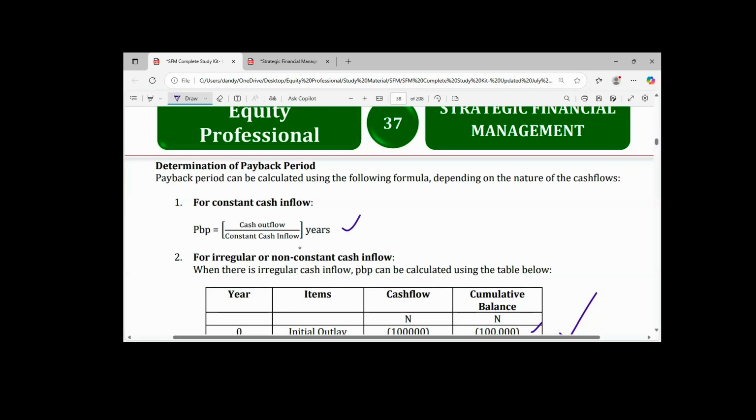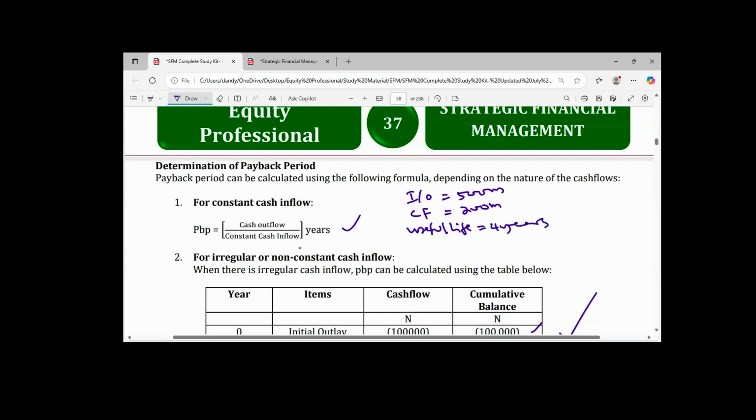Say, for example, you are told that a project has an initial outlay of 500 million naira. This project will generate annual cash inflows of 200 million, and the useful life of the project is 4 years.